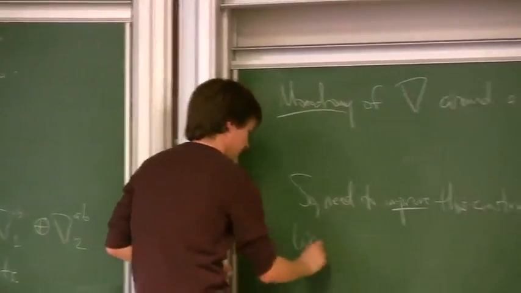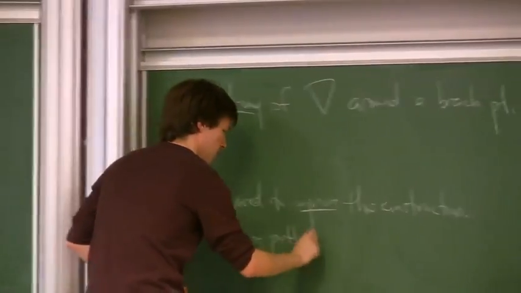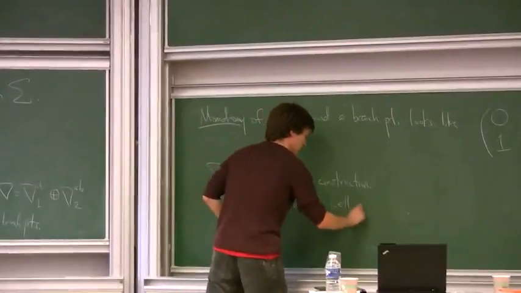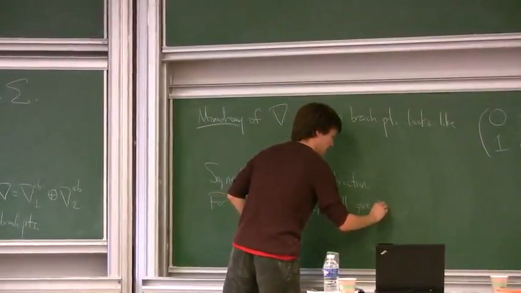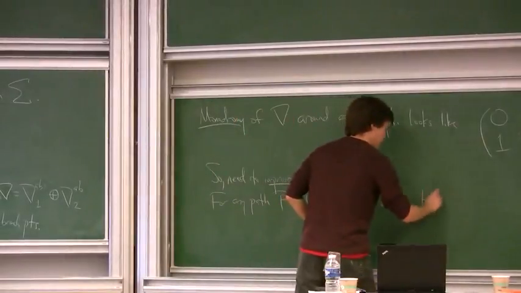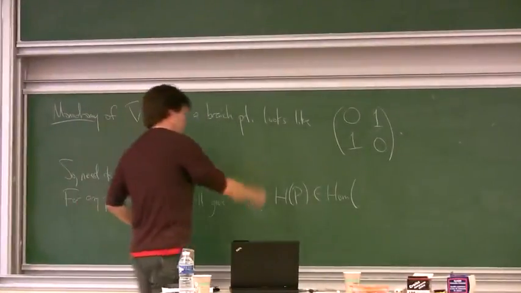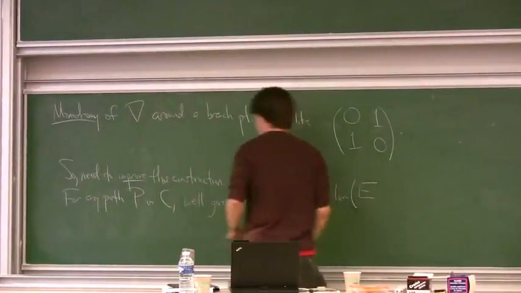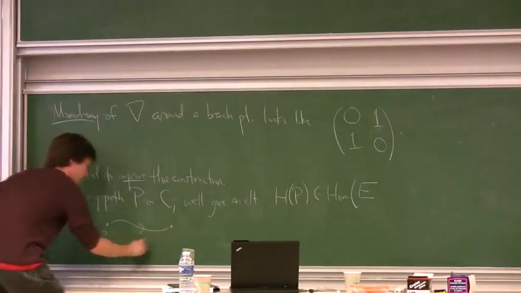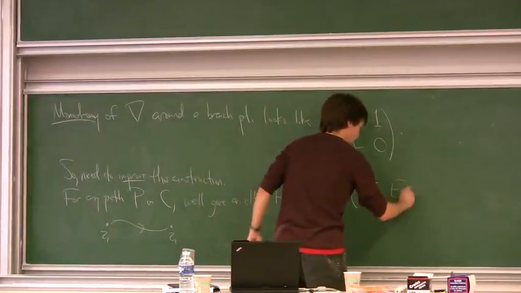So for any path P on C, P from Z1 to Z2, we'll give an element H(P) in the Hom from the fiber EZ1 to EZ2.